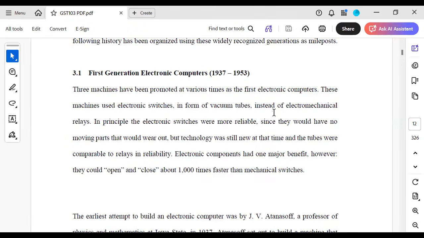The memory, or we can call it the switch, that they were using is the vacuum tubes. Let everybody say that. The electronic switches that were used in the 1st generation are called vacuum tubes.